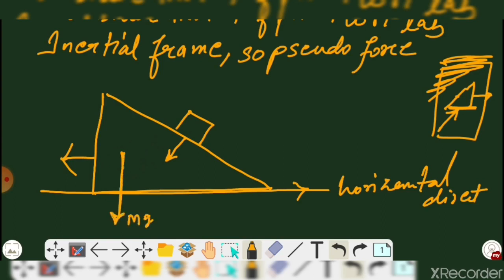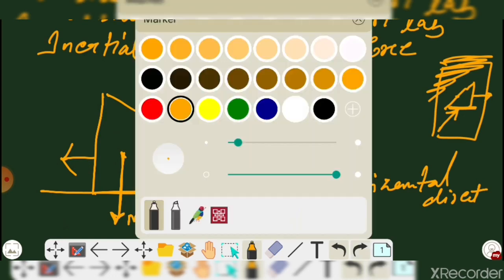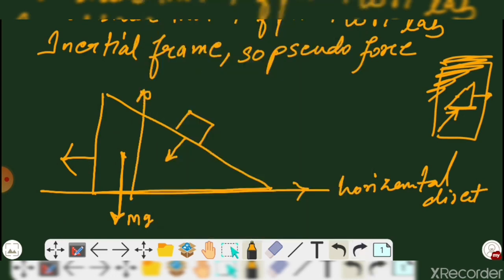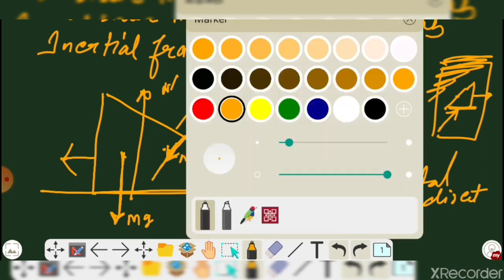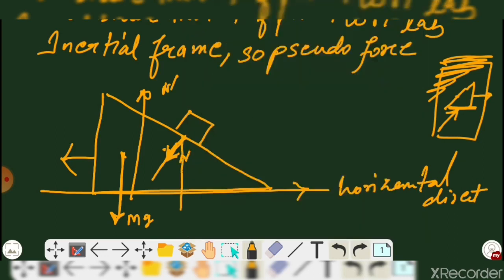It is a downward force on the prism, and again there is a normal reaction force, which we call N dash. We will not consider this force now, we will just draw a simple diagram. Here we are just considering mg, the mass of the prism, and here theta is considered.